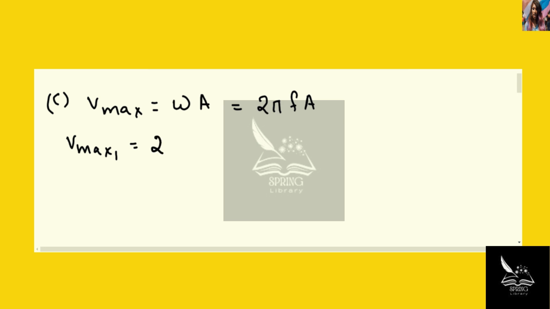Understood this much? So let's move on to the C part. In the C part, it's given V max. We know the formula, that is omega into A. Omega we know is 2 pi f, into A. So V max 1 equals 2 pi f A1, and V max 2 equals 2 pi f A2. Now f doesn't change with respect to amplitude.